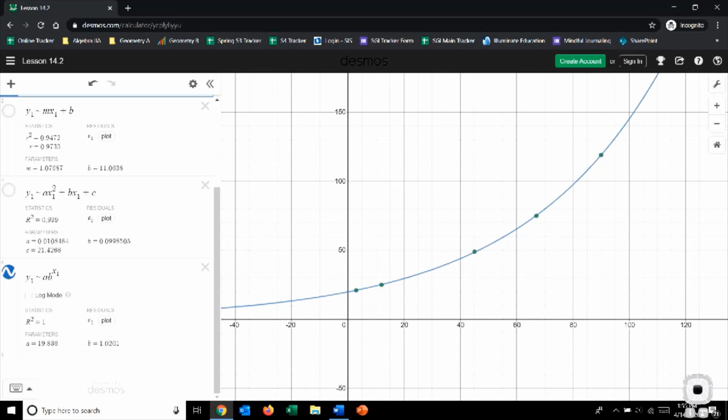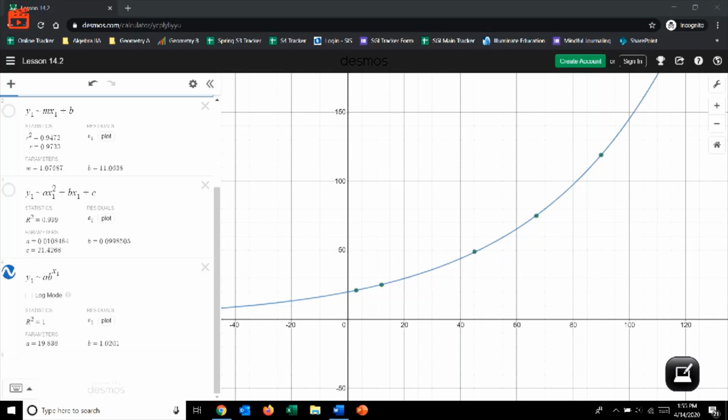So if you wanted to create an equation, it would be y is equal to, let's just round that, 19.8 times 1.02 to the x power. So we were given the values of the variables from this model.